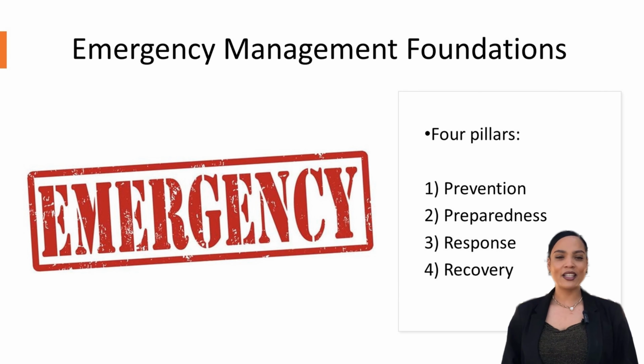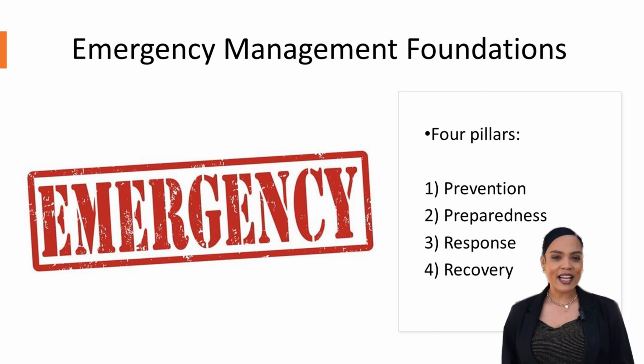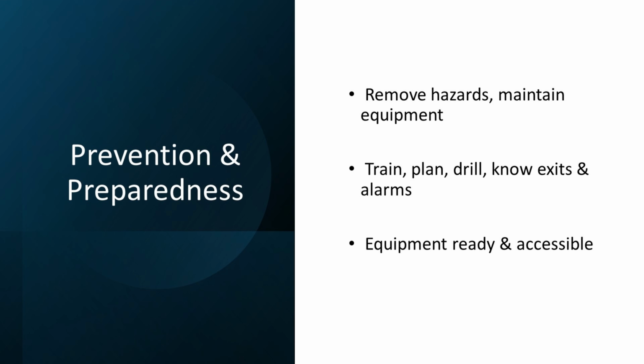When I say emergency management, I want you to think of 4 pillars working together: prevention, preparedness, response, and recovery. Prevention means we remove hazards or reduce risks to stop emergencies from starting: maintenance, housekeeping, isolation, correct storage, and safe work systems. Preparedness means we plan and practice: alarms, evacuation maps, assembly points, training, drills, and equipment ready for use.